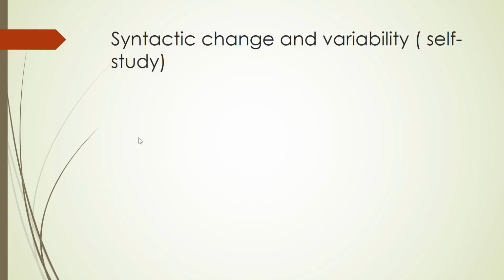For syntactic change and variability, we know that just like every other phenomenon in modern life, which suffers from changes in political, economic, and cultural shifts, syntactic change is unavoidable. Many new words and new terms appear and are in use among the youngsters, right?